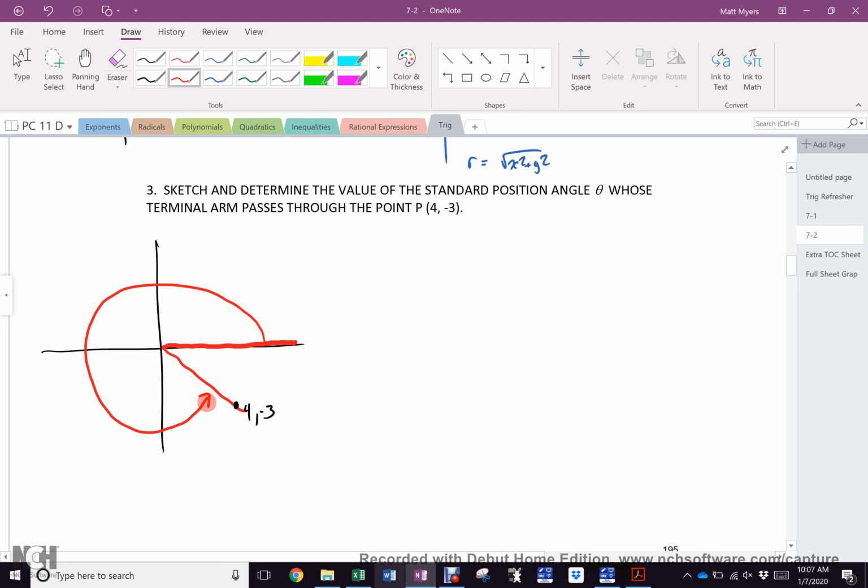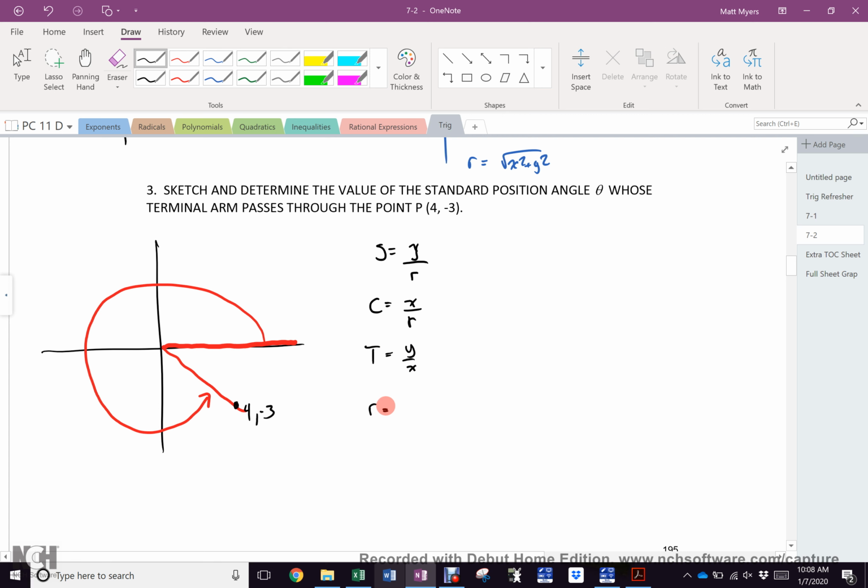Does everybody agree with the sketch? Now, do we need that sketch anymore? No, because we know sine equals y over r, cos equals x over r, and tan equals y over x.